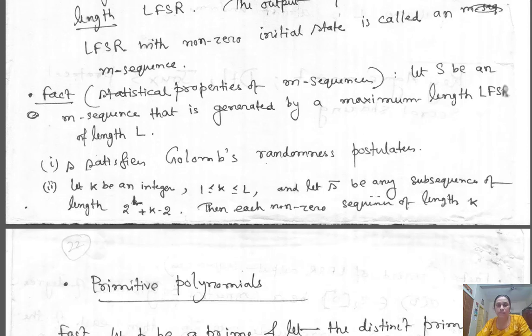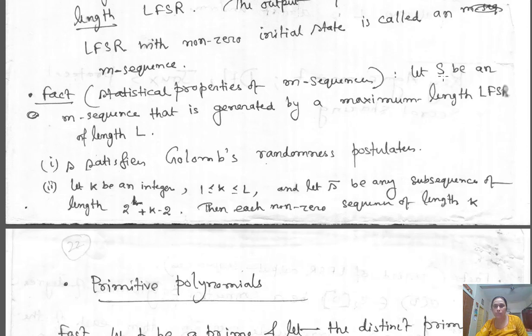We will discuss those. Not only that, if you fix any integer k between 1 and L, and you take S bar, a subsequence of S of a particular length.